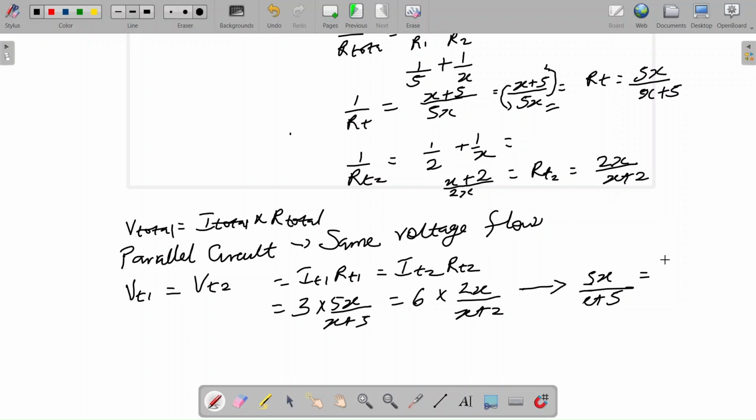So this implies 3 times 5x, this should be 15x, not x, 15x over x plus 5, and then this is 6 times 2, 12x over x plus 2.